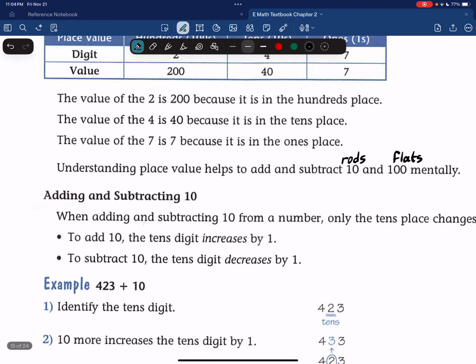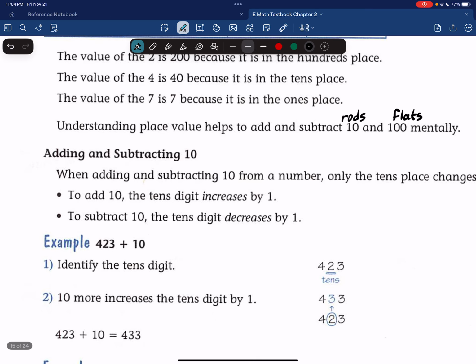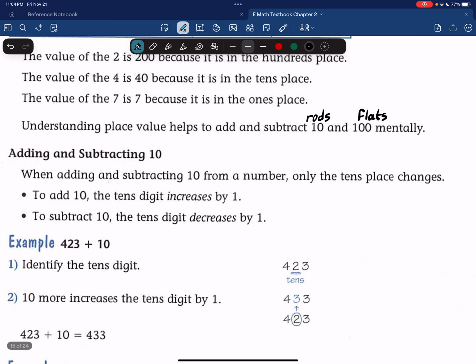Adding and subtracting 10. When adding and subtracting 10 from a number, only the tens place changes. To add 10, the tens digit will increase by 1.